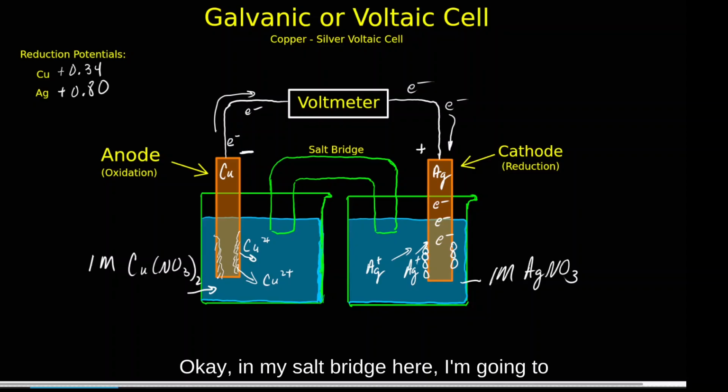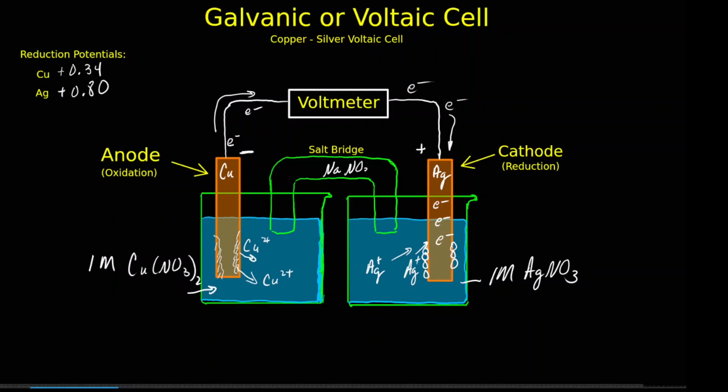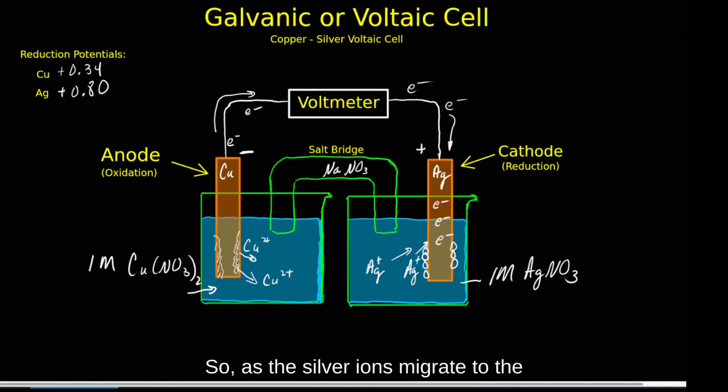Likewise, the copper electrode will be getting smaller. Okay, in my salt bridge here, I'm going to have sodium nitrate. As the silver ions migrate to the silver electrode, it's becoming negatively charged.